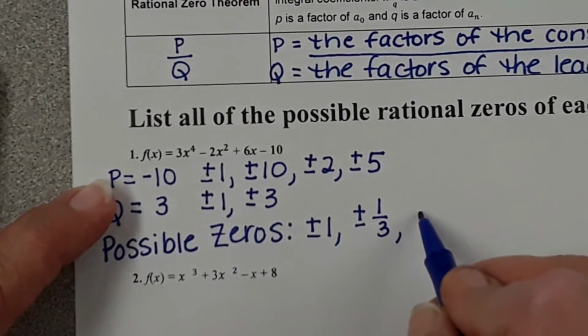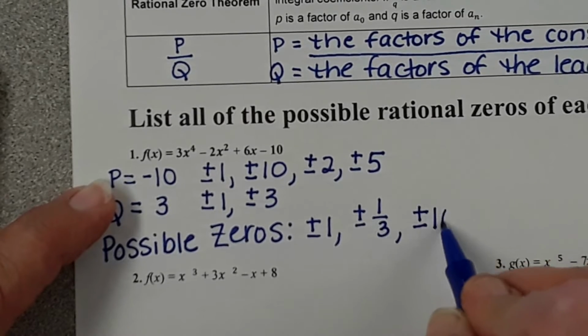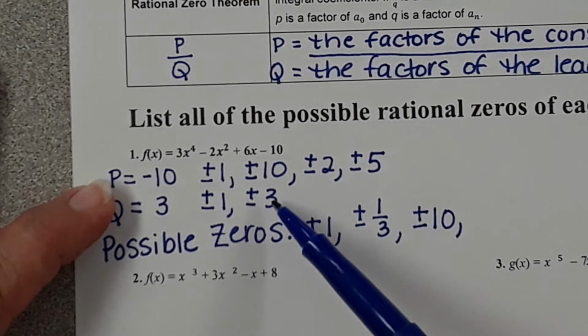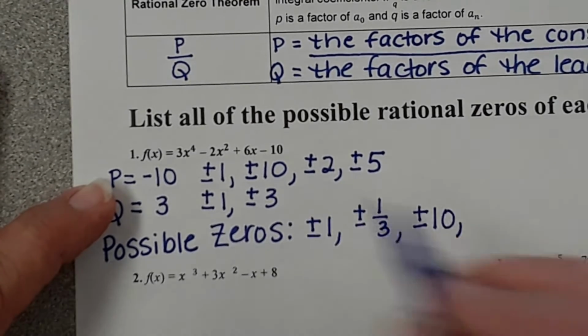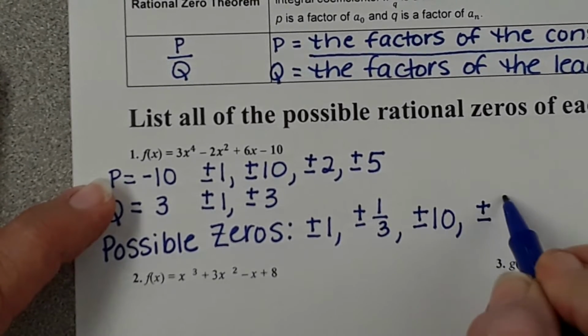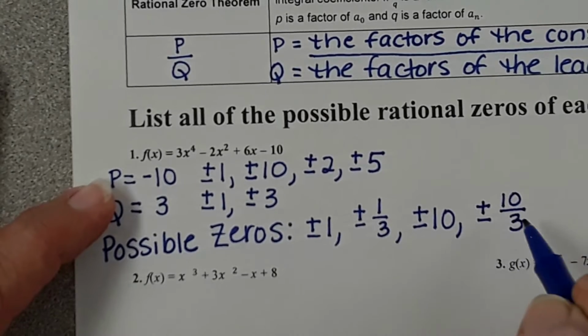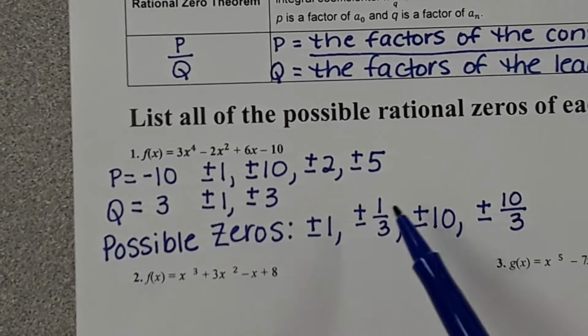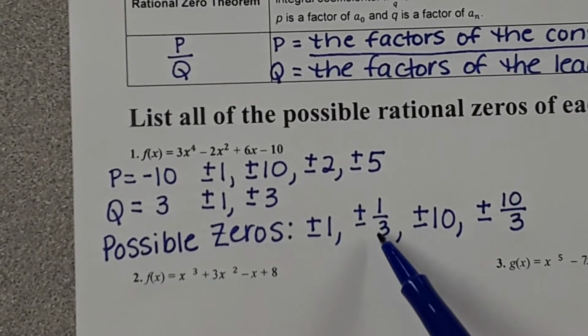Well, 10 over 1 is 10, so plus or minus 10. Then 10 over 3 is plus or minus 10/3. So for the 1 we would have +1, -1, positive 1/3, -1/3.